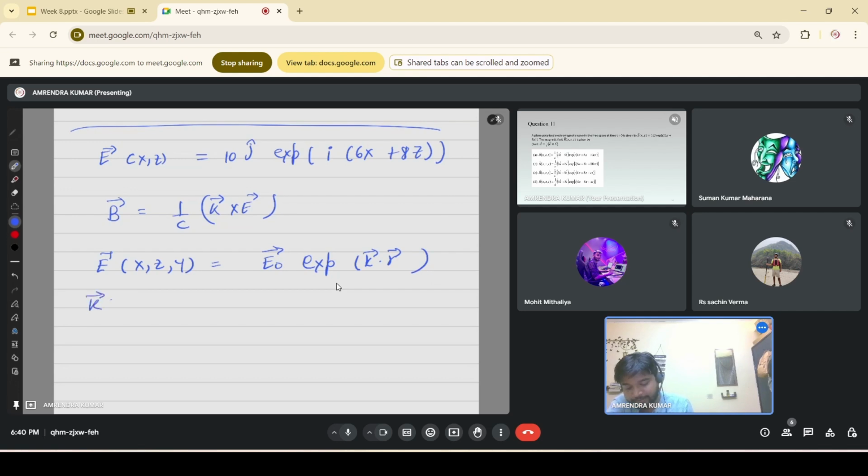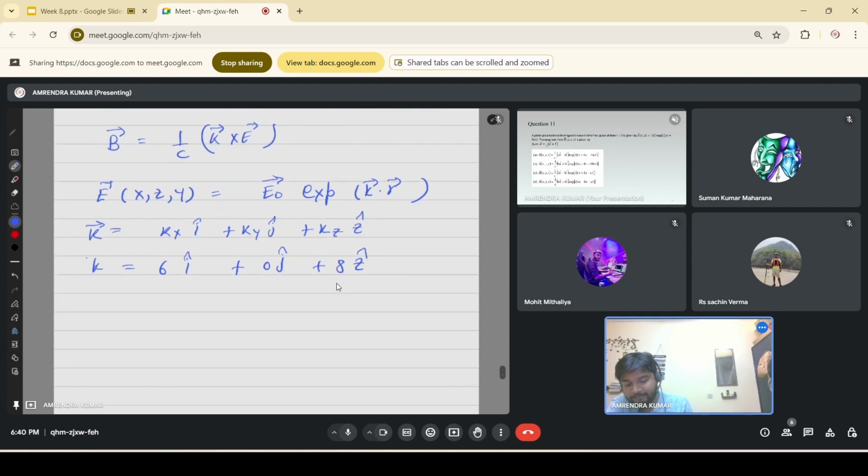So we can compare k x i cap plus k y j cap plus k z z cap. We have k x equal to 6 i cap, plus k y is 0 j cap, plus k z equal to 8 z cap. Now we have the k vector. Now what we need is the electric field. If we compare this electric field E naught with E naught x i cap plus E naught y j cap plus E naught z k cap.